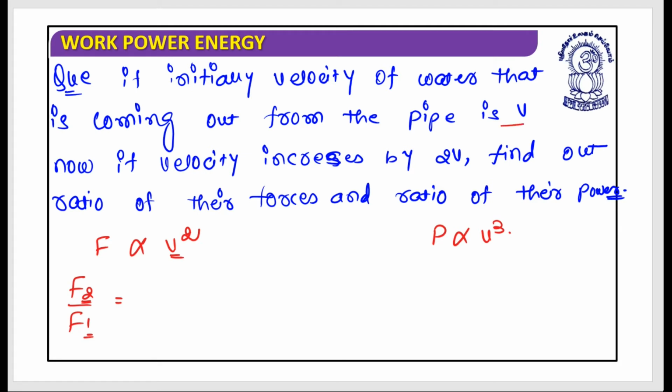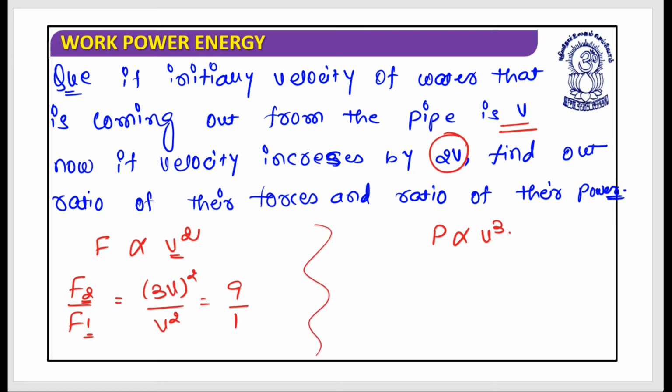Initially the water is flowing out with a speed V. Now if velocity increases by 2V, that means the final speed is not 2V, it is 3V, because V was already there and it has been increased by 2V. So this is 3V whole square divided by V square, which is equal to 9 is to 1. I hope this is clear.